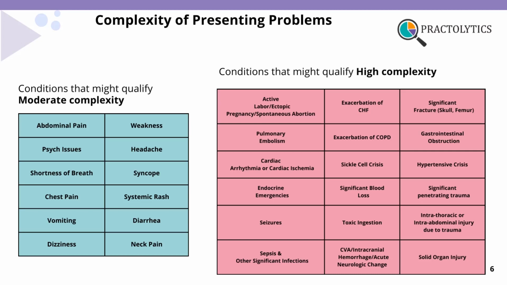Even on the screen that I'm showing you here, these are just examples to guide you on what kind of conditions may lead to moderate or high complexity based on the type of treatment rendered to the patient. As I've stated earlier, the final diagnosis for a condition does not always determine the level of service for the encounter. Documentation of the presenting problem must support the criteria for the level, and the other two columns on the medical decision making table should also be considered, like the data points and the level of risk.